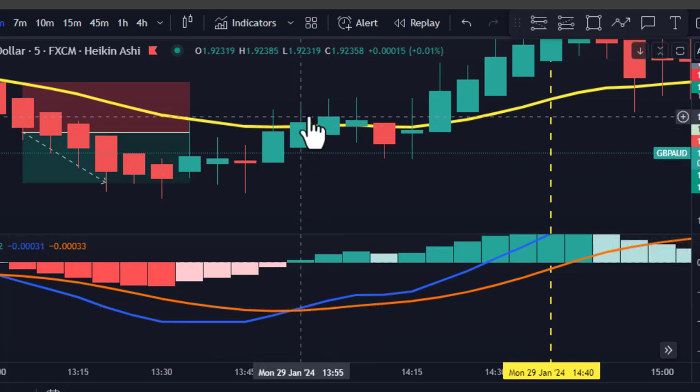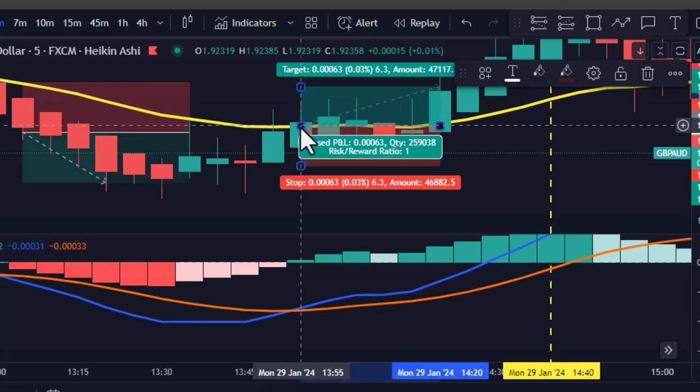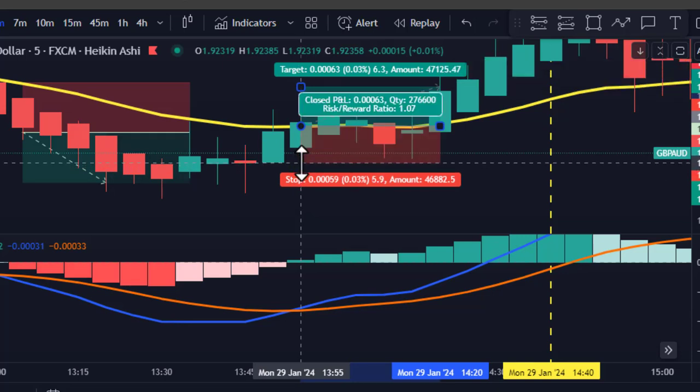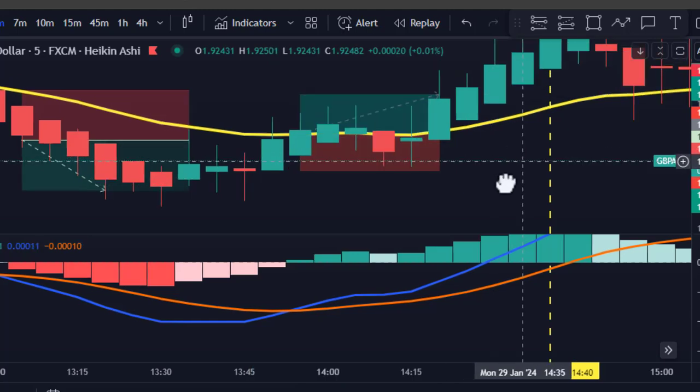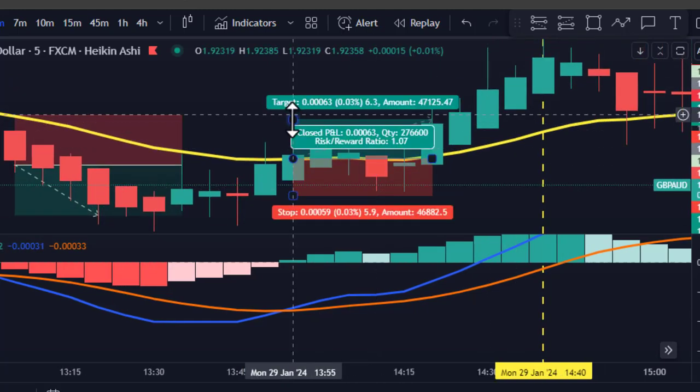If we enter, our stop loss would be easily just the starting point of the previous candle, which is about here, and then take profit 1. That hit as well, guys.